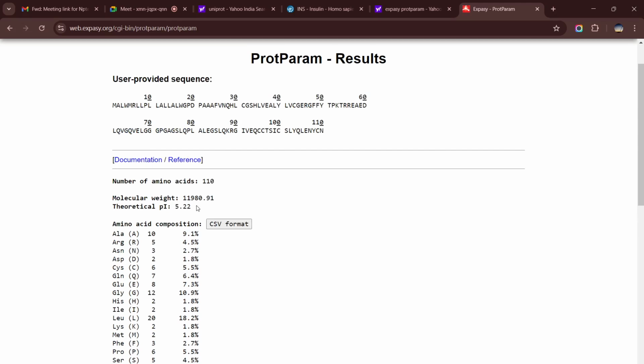Now, based on this, suppose you have cloned the gene and want to overexpress and purify insulin protein. Based on this theoretical pI, you can choose which kind of chromatographic technique you want to go for.